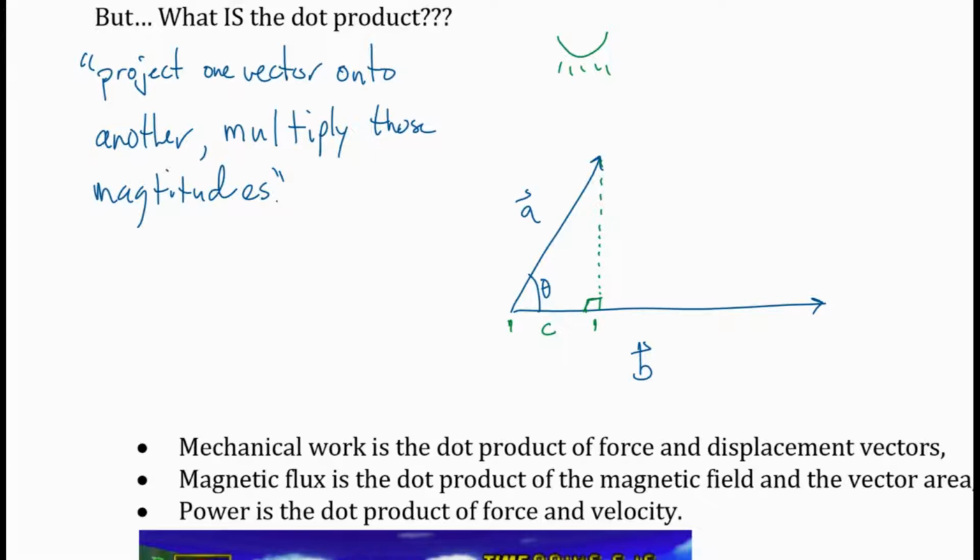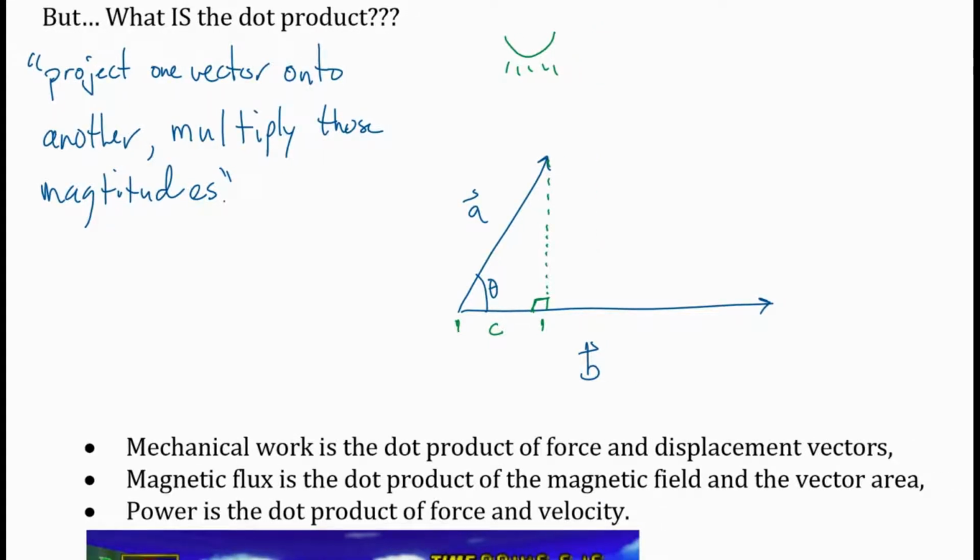So a couple of ways that we can look at this again if we're looking at the formula to try to make sense of it. First of all, cos of theta is adjacent over hypotenuse, which is C over the magnitude of A, right? Because we're only talking about lengths here, which means C is equal to the magnitude of A times the cosine of theta, just rearranging that.